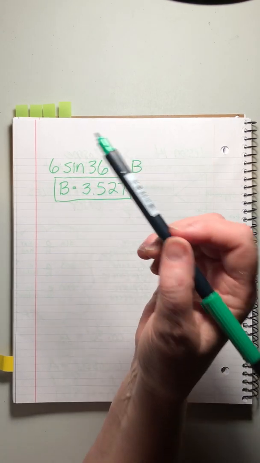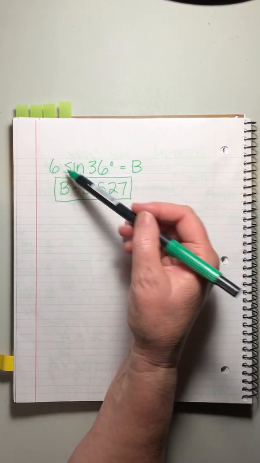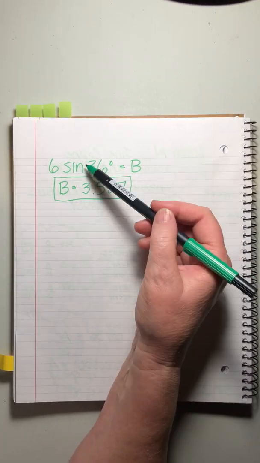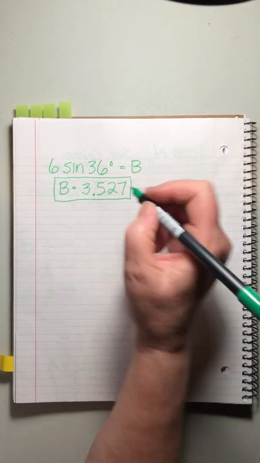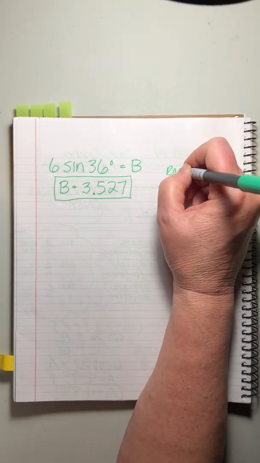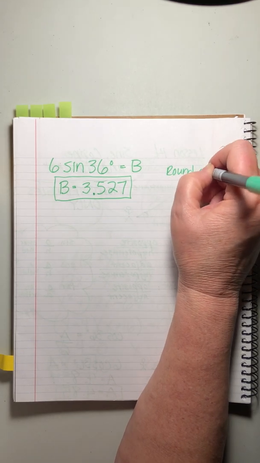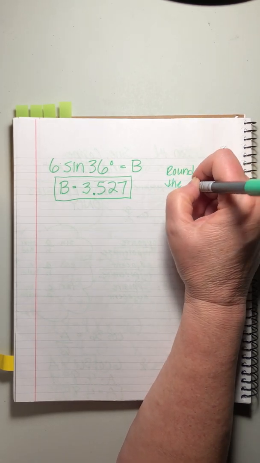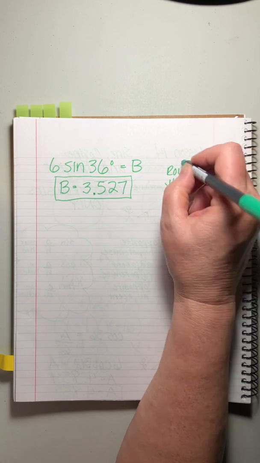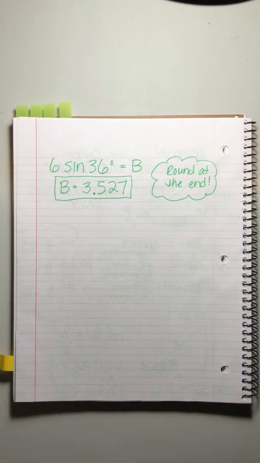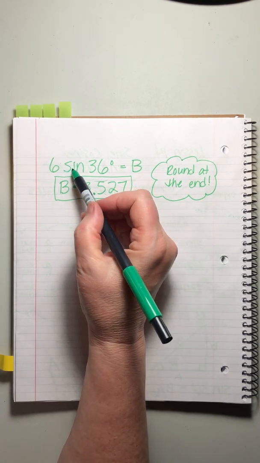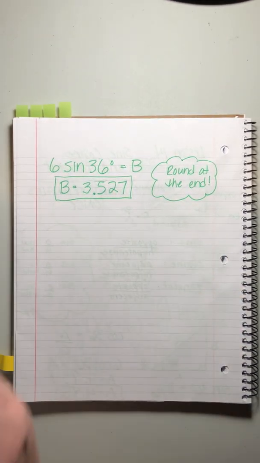What we do not want to do is find the sine of 36 degrees, round that into a decimal number, and then separately multiply it by 6. We want to keep all those long decimal chains alive in the calculator until the very end of the calculation. Then we round at the end. Sometimes John's rounding will get a little nutty and fall out of alignment with what I calculate, and it's because he'll round in the middle of the calculation.